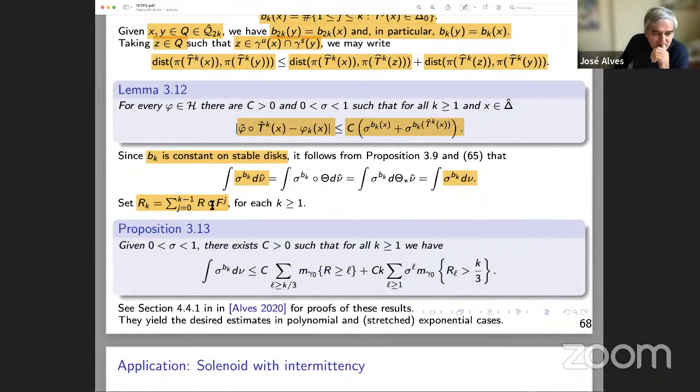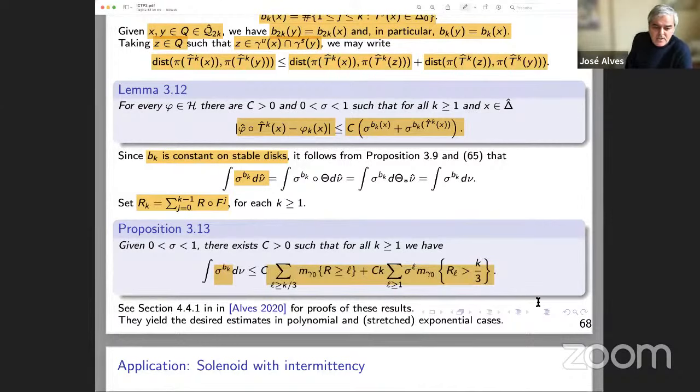As I told you, we need to estimate this integral, and we can estimate it in terms of these measures here, and it takes into account this RL here, and the point now. So this is somewhat involved calculation, and so we obtain this, and we have passed the problem on the L1 norm to this thing here.